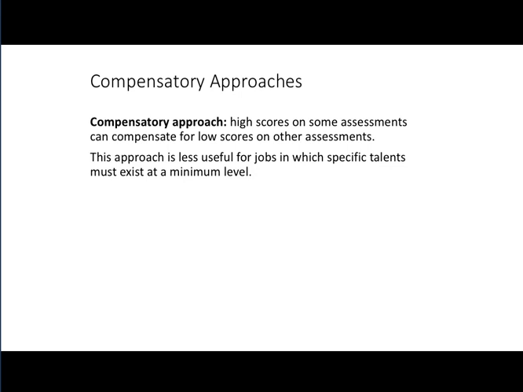But otherwise, most people use a compensatory approach where we identify who's the best candidate overall based on their compensatory model of their assessments. And then when they come in, we identify where there are training opportunities, and we make sure that they get training in the areas where they want.